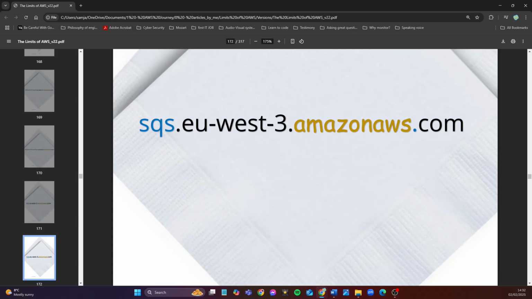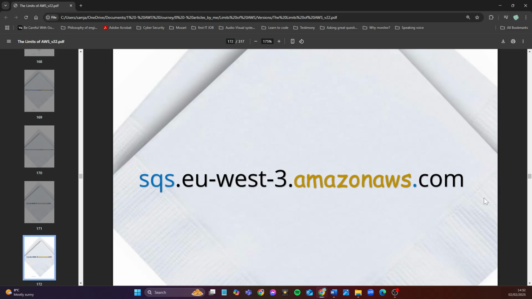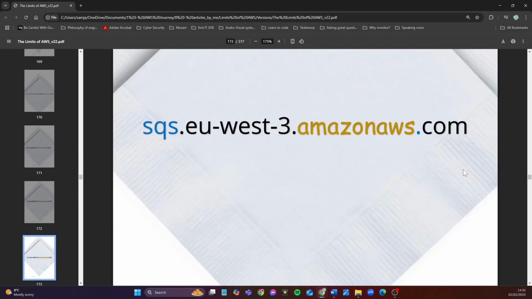sqs.eu-west-3.amazonaws.com. So the region, then amazonaws.com. And another napkin, sqs.eu-west-3.amazonaws.com.